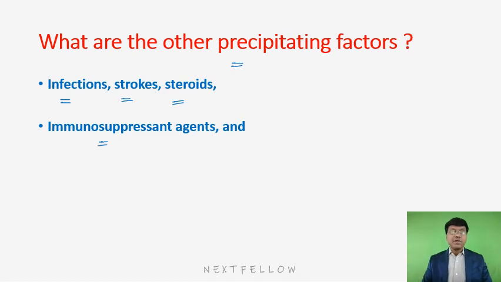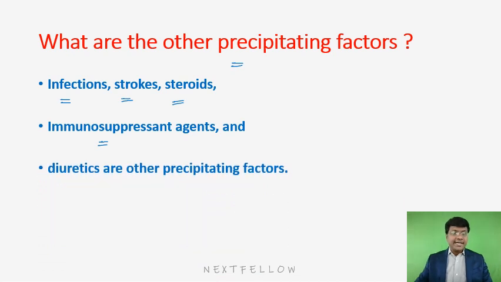Individuals on immunosuppressant drugs are more prone to infections, and infections can precipitate HONC. Other drugs include diuretics, mainly thiazide diuretics. So these are the precipitating factors for the development of HONC.